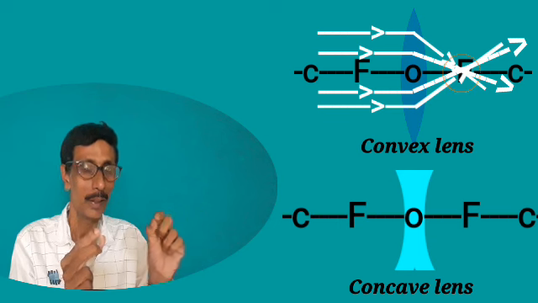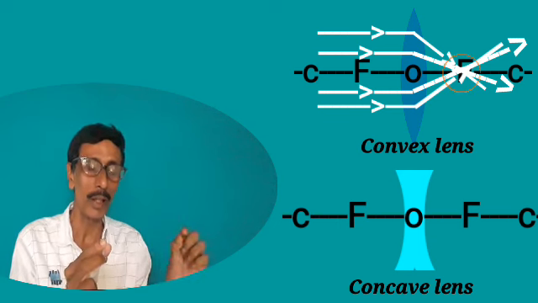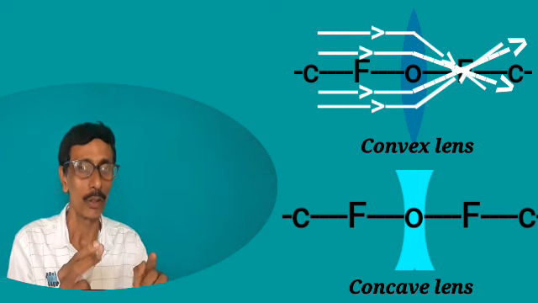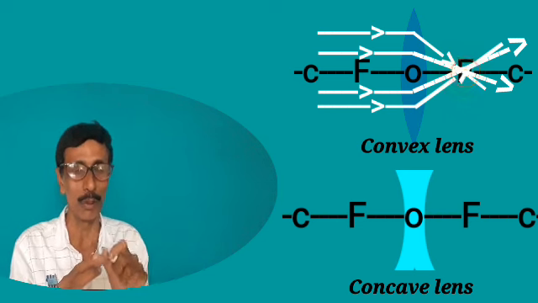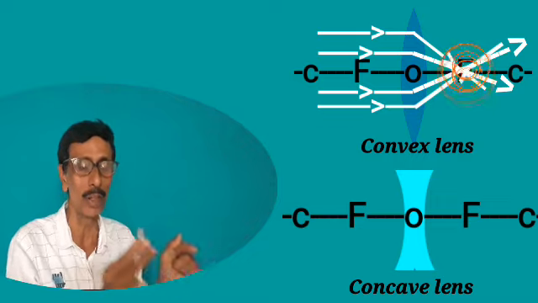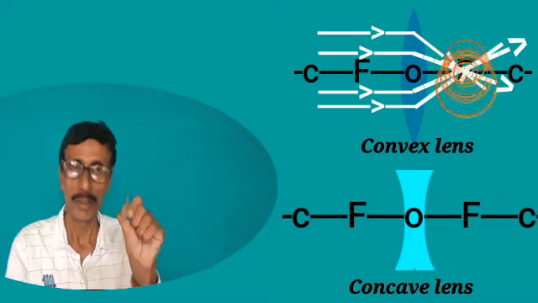Why is it called convergent? Because when parallel rays refract on this lens, after refraction, all these rays converge towards a point on the principal axis. This point is called the focus point.